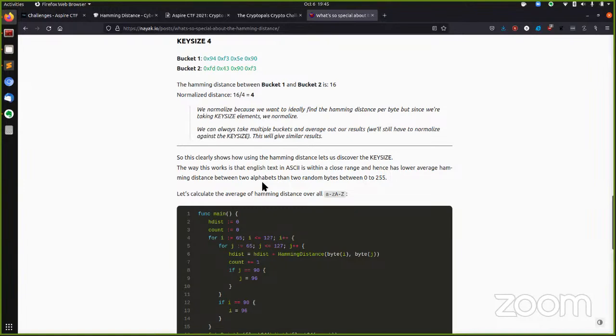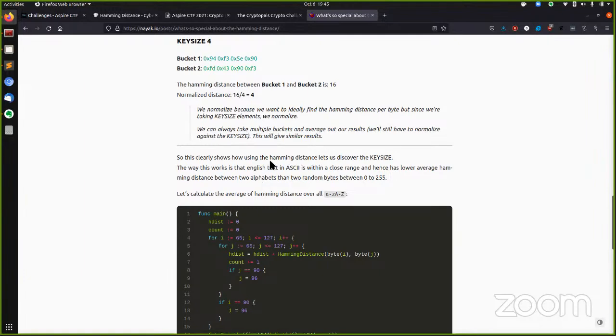And that's how the English language is structured. It's A to Z, and they all follow each other. So A, B, C, D, E, F, and so on and so forth. Each one is 1 bit higher than the other one. So it isn't really random.